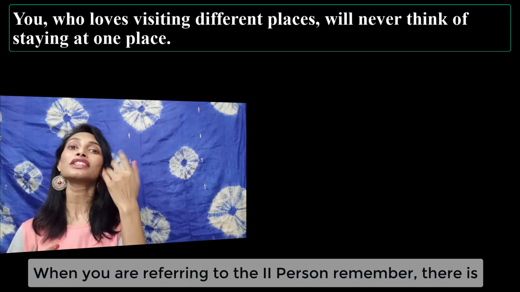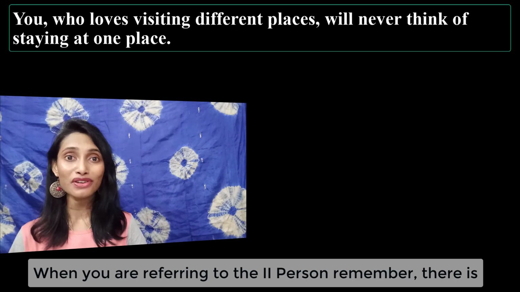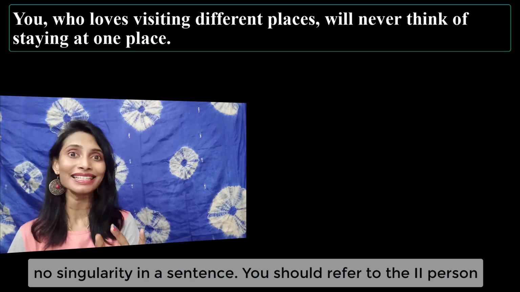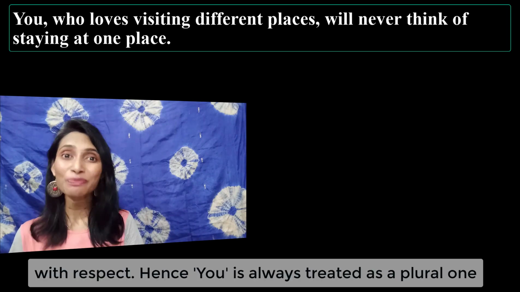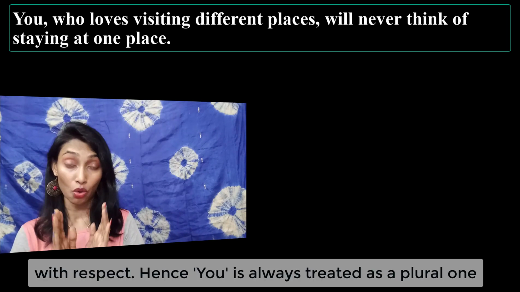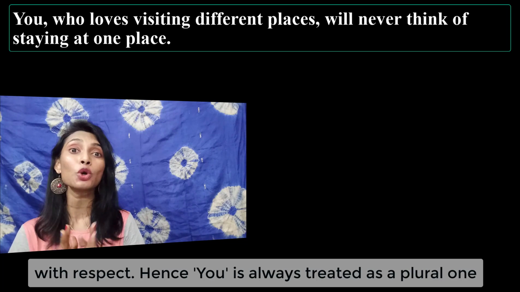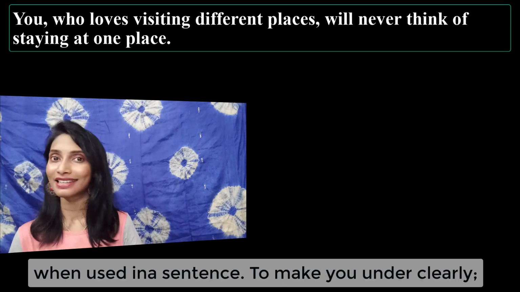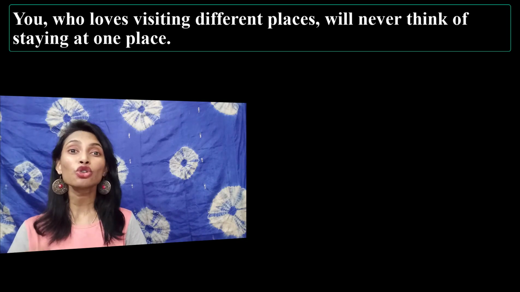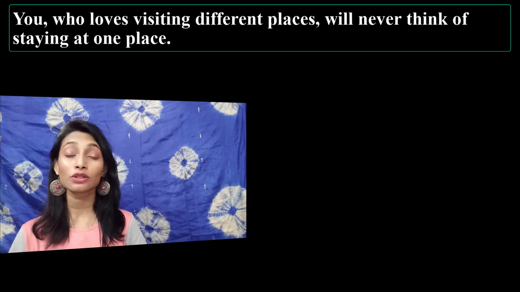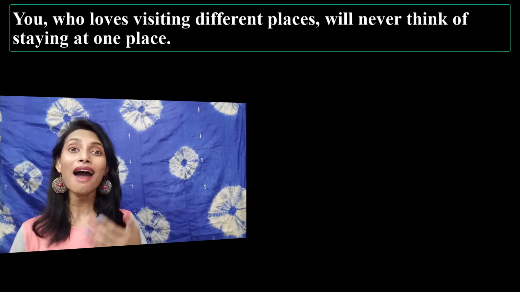When you are referring to the second person, remember there is no singularity in a sentence. You should refer to the second person with respect. Hence, you is always treated as plural when used in a sentence. To make you understand clearly, there is no tu in English. It's always tum.